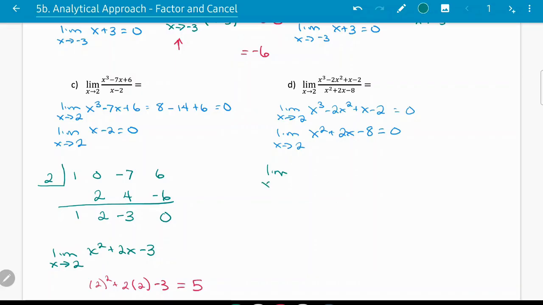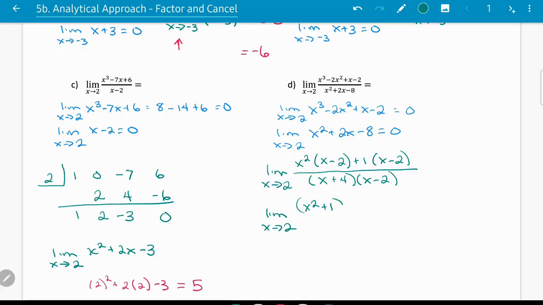So we have the limit as x approaches 2. And we're going to factor this numerator by grouping. So that becomes x squared times x minus 2, plus 1 times x minus 2, over, this becomes x plus 4 times x minus 2. And so limit as x approaches 2, this factors to x squared plus 1 times x minus 2 over x plus 4 times x minus 2.